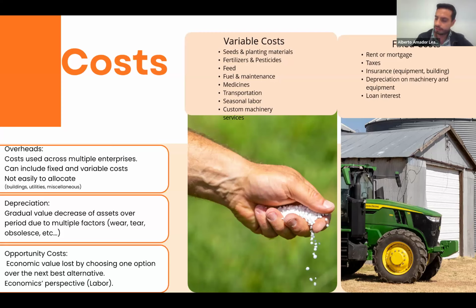Opportunity cost is the economic value of the second best alternative that was rejected, or the benefit that you miss when you choose another choice. For example, if you are going to start working on the farm and you have another job offer, the opportunity cost of your salary is the salary that you reject.